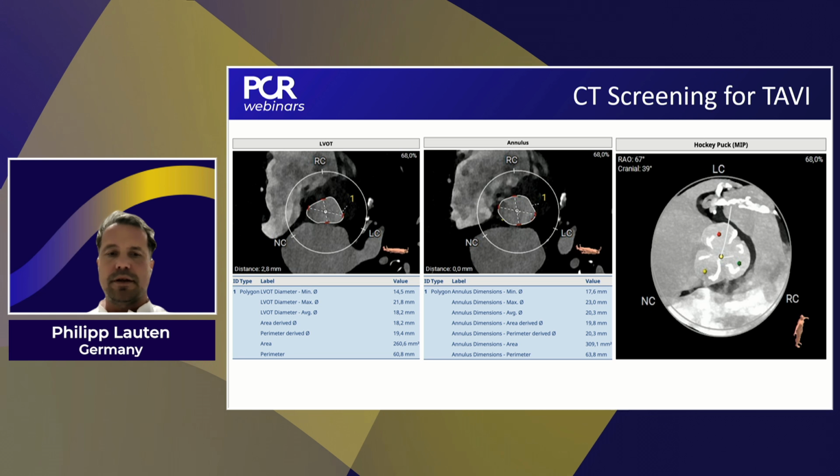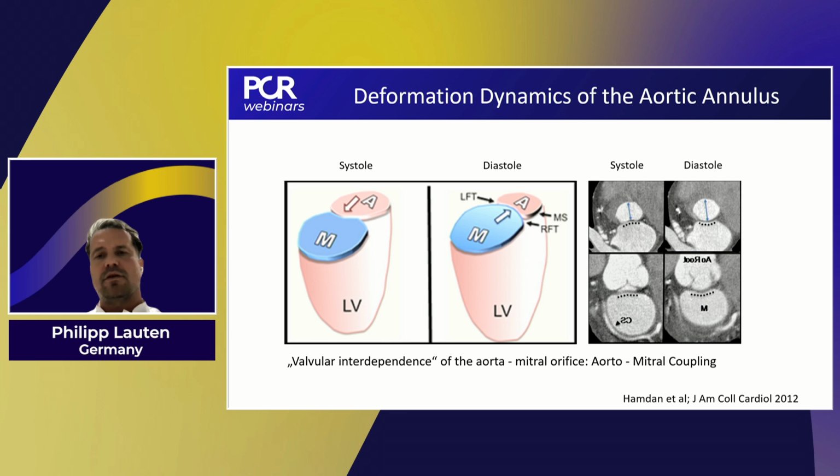situation, not in this case, but if you perform CT screening and CT evaluation in a heart team or in the pre-setting of a heart team, and have tricuspid anatomy and a lot of fibrosis, not a lot of calcification. Sometimes it is really important to have a look if you do an intermediate sizing of the valvular independence of the aorta and mitral orifice, and the coupling between systole and diastole is sometimes really impressive in sizing.